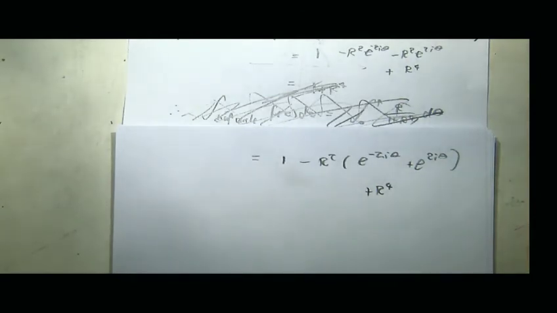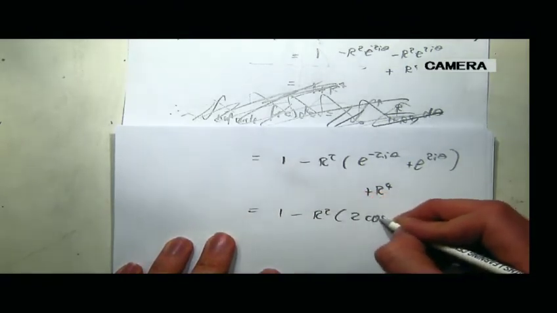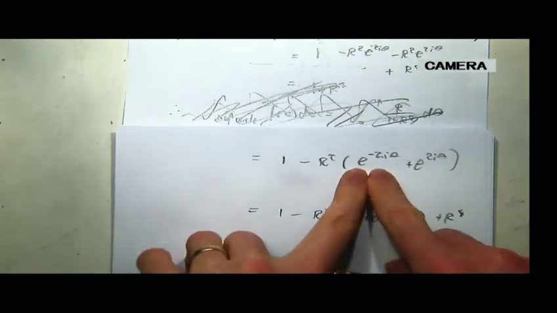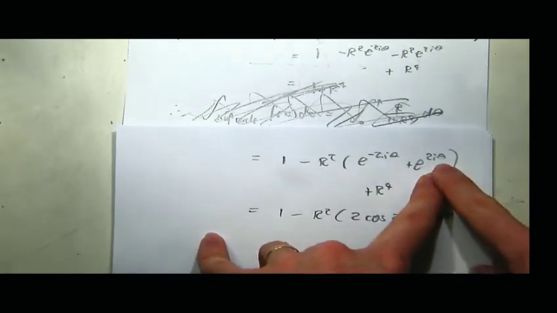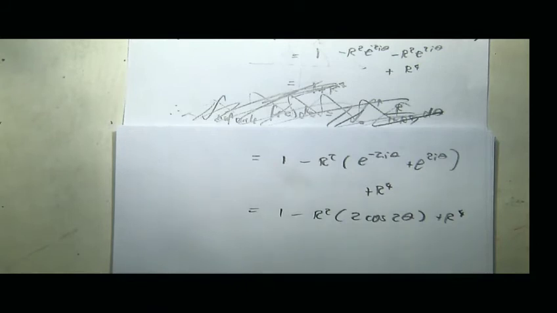So that would be cos of that minus i sine of that, because this is cos of 2 theta plus i sine of 2 theta. This is cos of 2 theta minus i sine of 2 theta. So the sine theta bits will cancel, so I'm going to get 2 lots of the cos of 2 theta, which is not pretty. But that's what I've got.